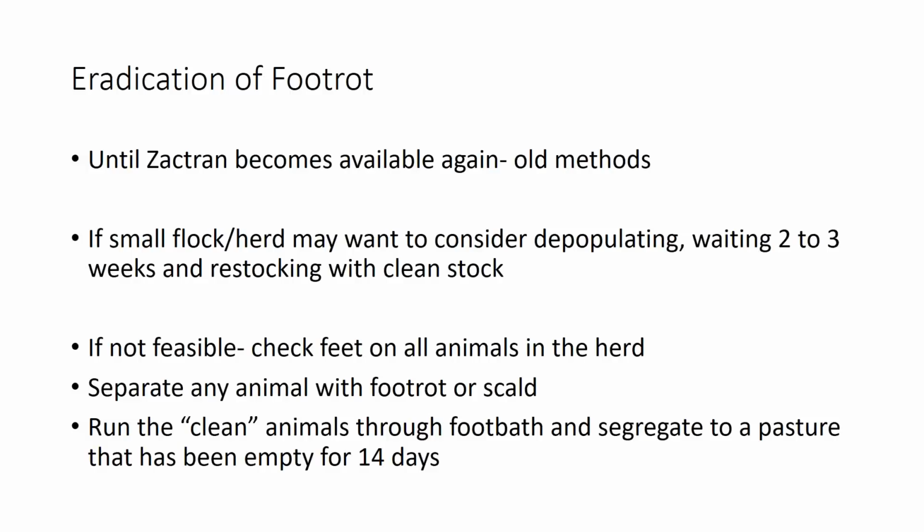Take them to the sale barn, get rid of them. If you still want sheep, wait about 3 weeks and restock with clean animals that don't have the nodosus bacteria. That is a very effective way of getting rid of foot rot.